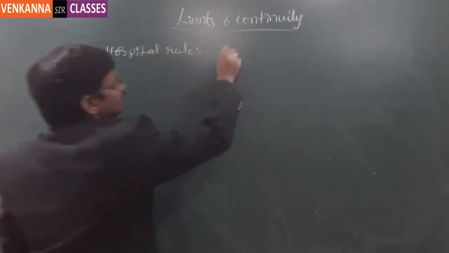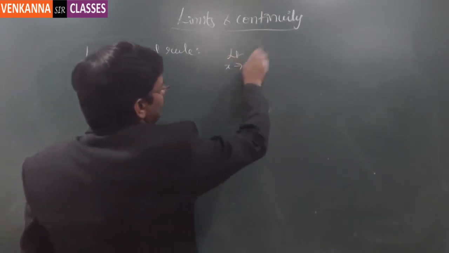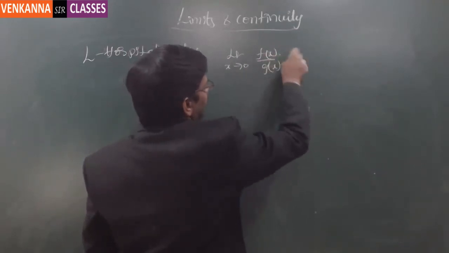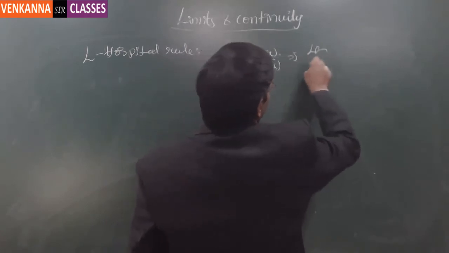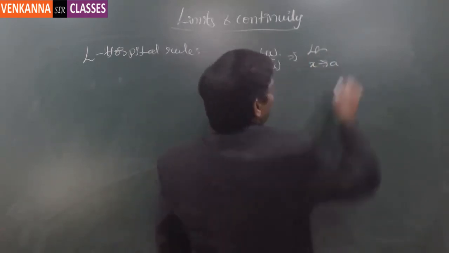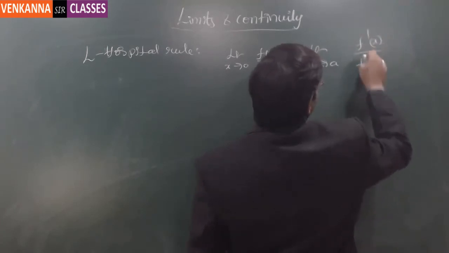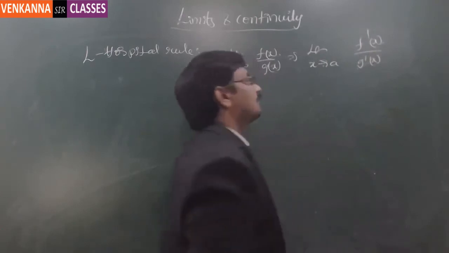What it says is: if the limit as x tends to a of f of x by g of x is of indeterminate form, then this value will still be equal to the limit as x tends to the same a of f dash of x divided by g dash of x. So this can be treated like this.